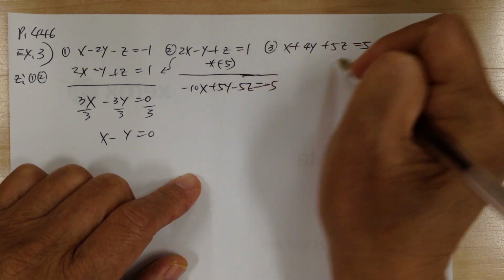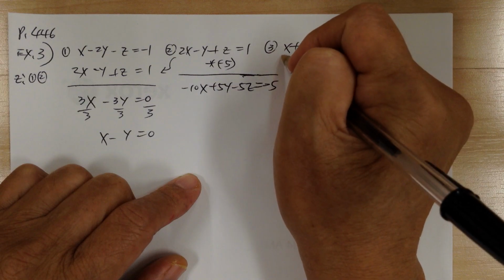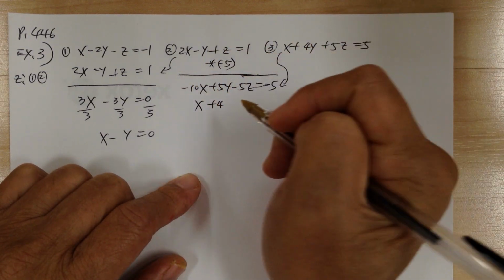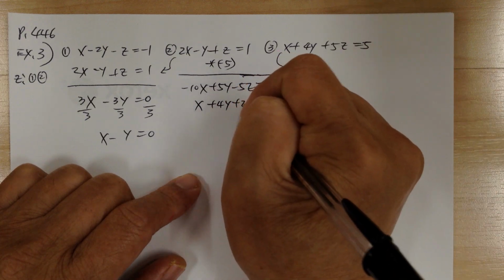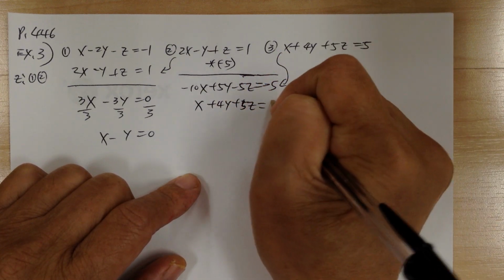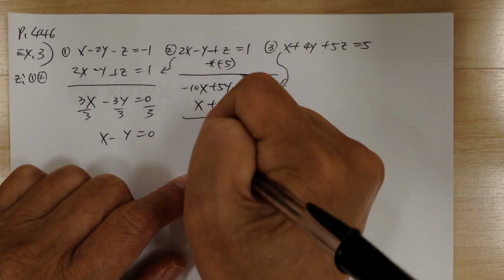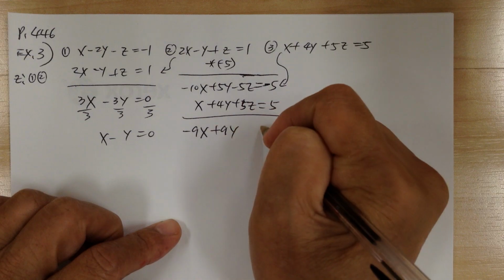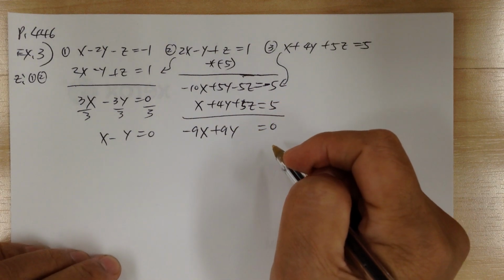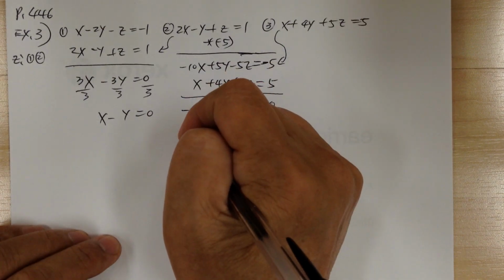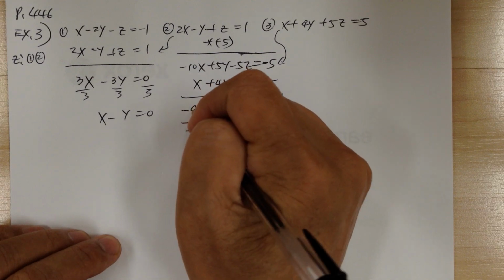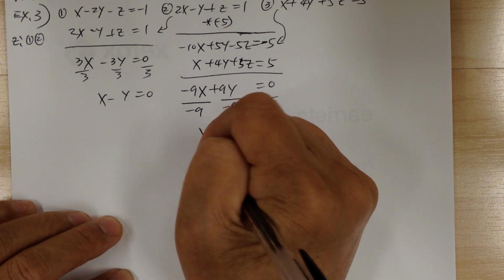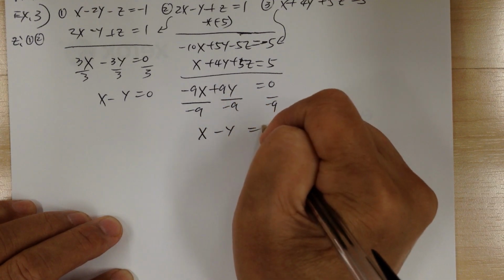I'm going to put this equation down here: x plus 4y plus 5z equal to 5. When I add, I get negative 9x plus 9y equal to 0. And again, I'm going to lower my number, so I'm going to divide everything by negative 9 because I don't like the negative in front. So I'm going to get x minus y equal to 0.